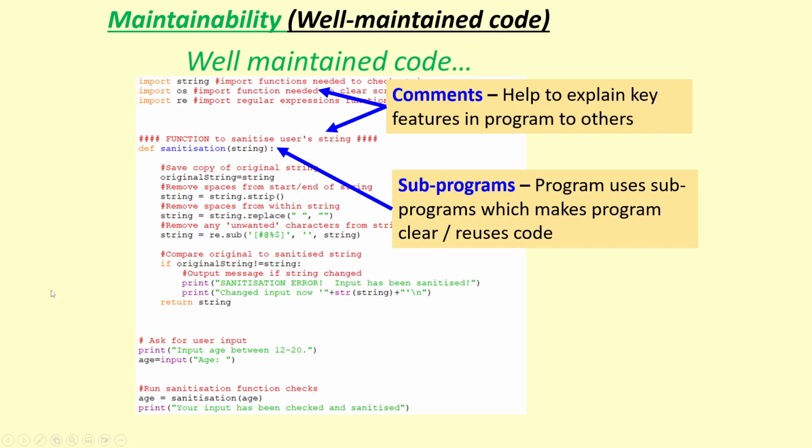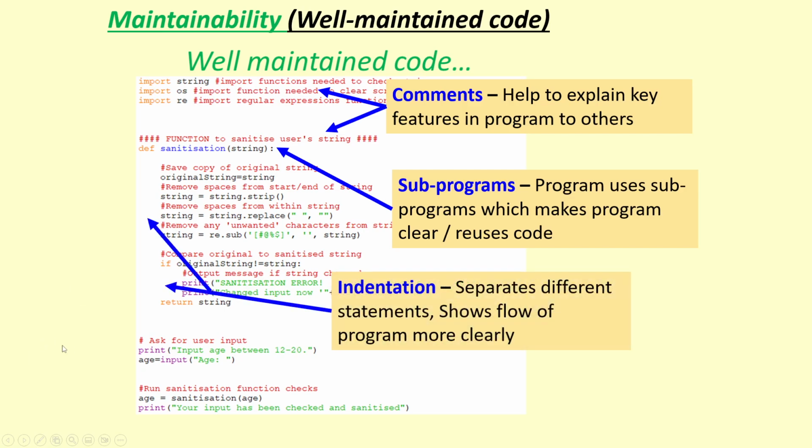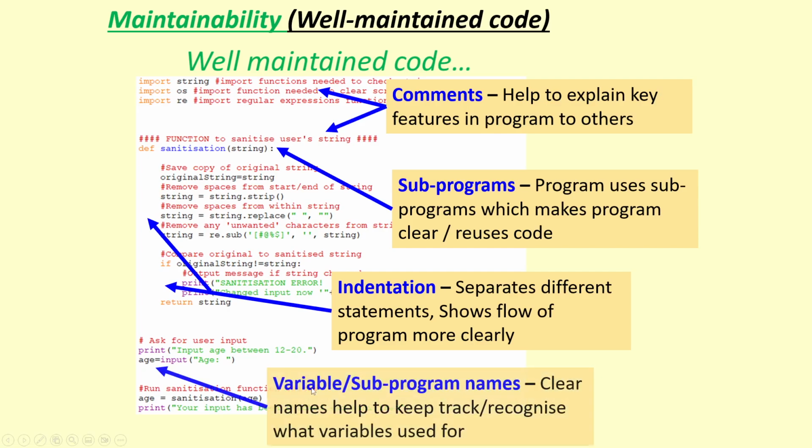Subprograms make the program clear and reusable. Indents help to separate the different statements and show the flow of the program clearly, where it's going at different points. And suitable variable or subprogram names make it really clear and easy to understand what they are being used for.